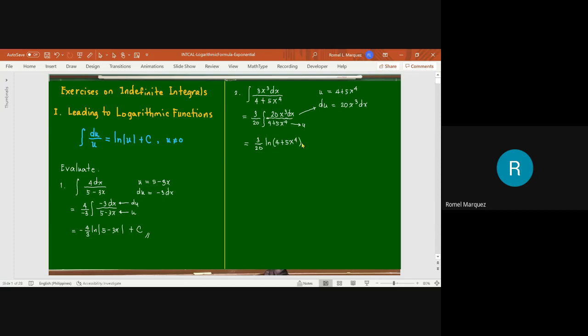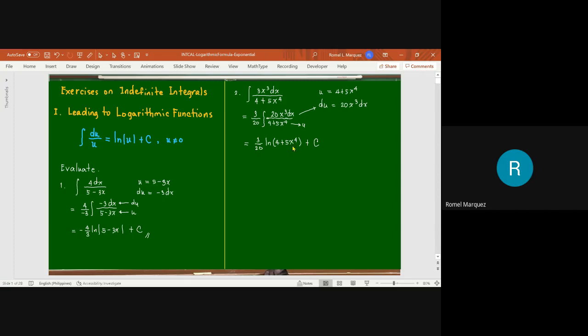Why is it that I don't need absolute value? Although if you put absolute value, it's all right. But simpler, no need for absolute value symbol. Why is it that we don't need absolute value? Because all numbers are positive.